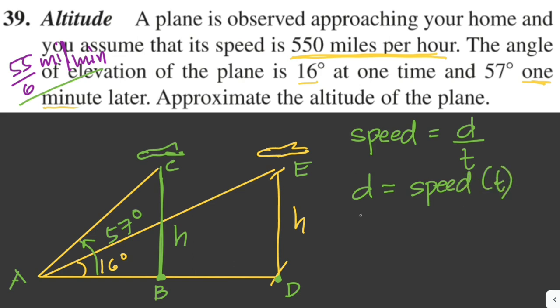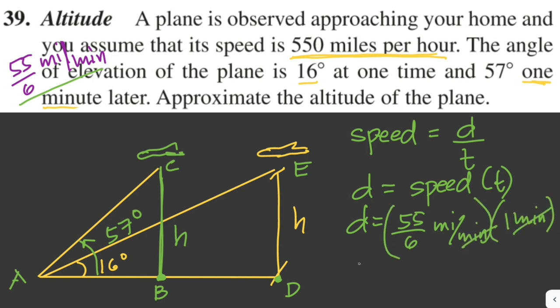So our time is 1 minute. So the speed is just 55 over 6 miles per minute times 1 minute. This cancels out. So the distance between B and D is just 55 over 6 miles. So this is 55 over 6 miles.